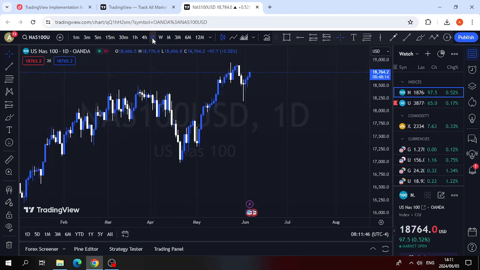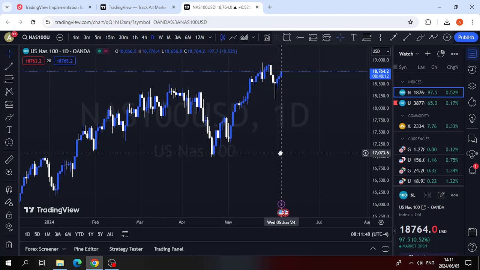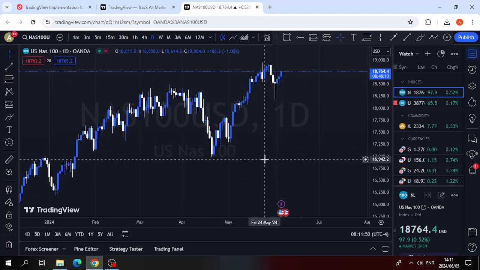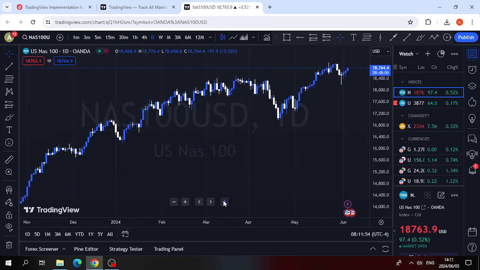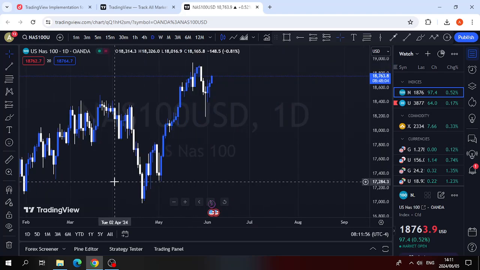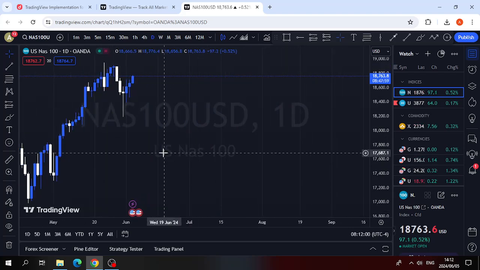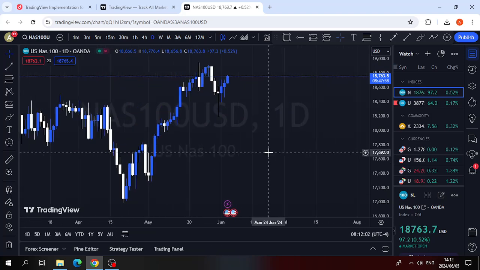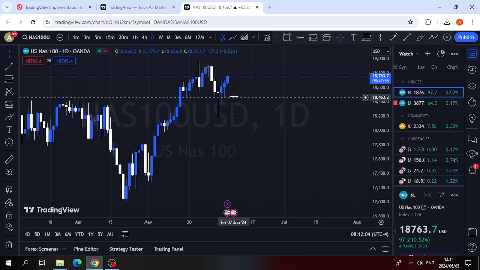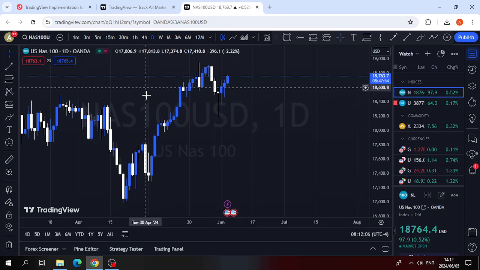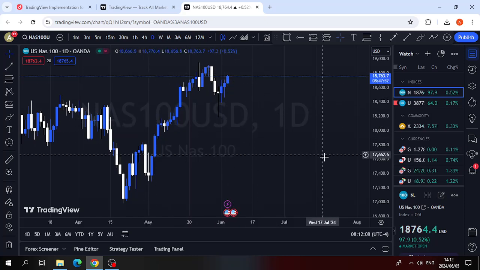So first of all, what are we going to look at when trading Nasdaq? One thing we should understand is always trying to understand where the general market is going, the general direction of the market. Usually I would start off on the daily time frame, and then look at the overall momentum before the New York session opens.